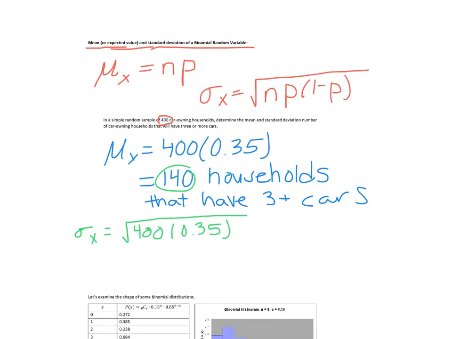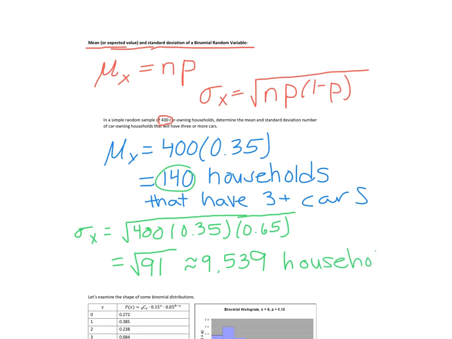And 1 minus 0.35, again, is 0.65, so 1 minus p. And we would write that. The stuff underneath the radical is 91. And then you can approximate that as well. And so we have that the standard deviation is 9.539 households.